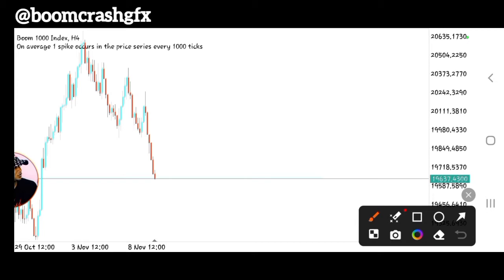In making use of Fibonacci tools, you have to identify the major peak and the major low in the market. Once you have a movement in the market that gives you the major peak and the major low, here you can actually target the market with the use of Fibonacci.